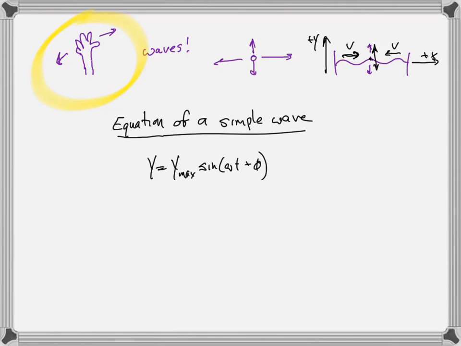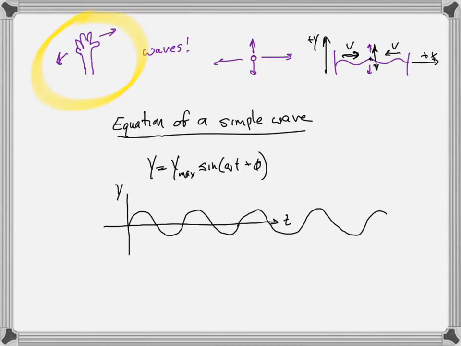So there you go. Any point on that wave oscillates up and down with the equation of simple harmonic motion. Cool. So this wave, if we graph it as y as a function of t, it'll just go on forever, as long as that continuous wave goes on forever, as long as there's no friction.